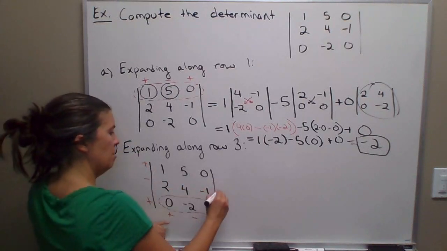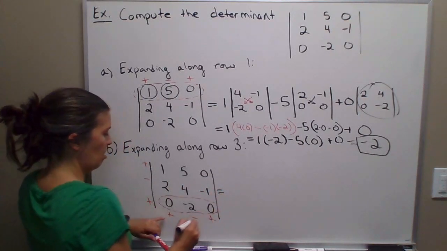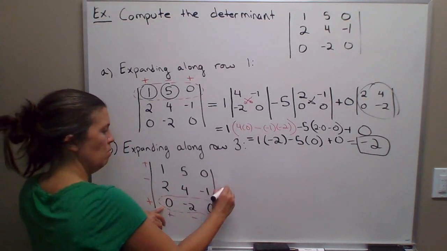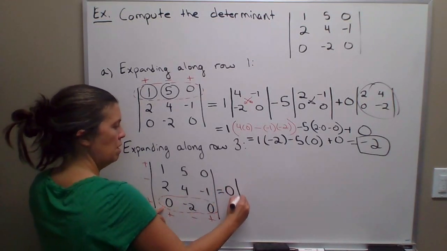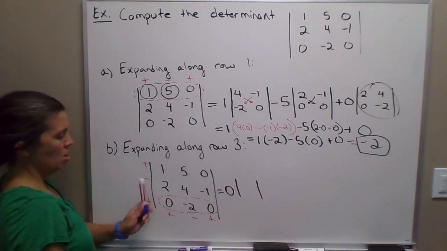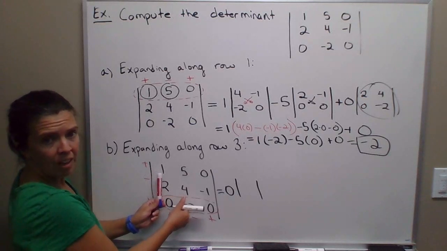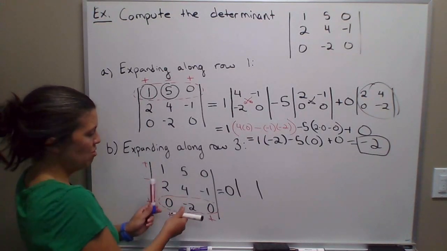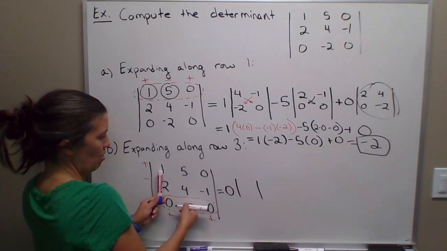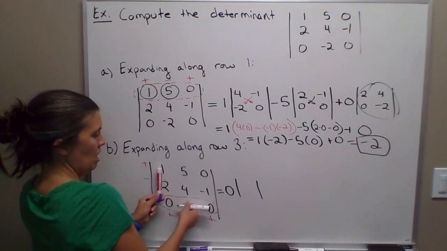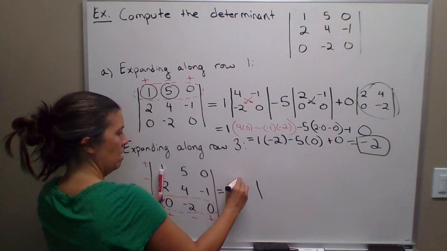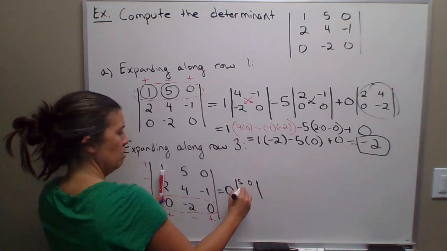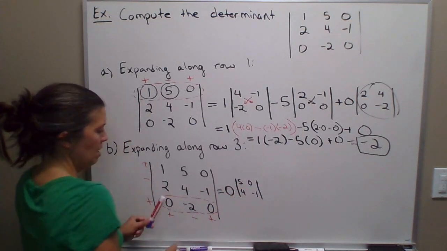Now writing out this expansion, we'll have 0 times the determinant of a 2 by 2 matrix when you delete the row and the column that 0 belongs to. Since it's 0, we don't even need to mess with the submatrix, but again, just for the practice, I'll write it out. The submatrix for that entry would be 5, 0, 4, -1.